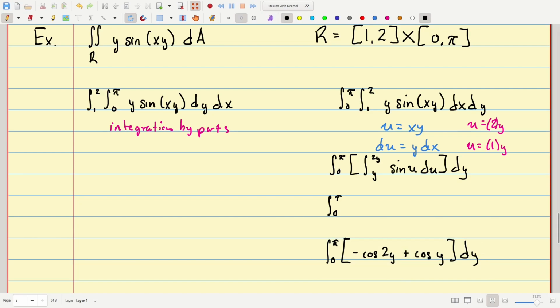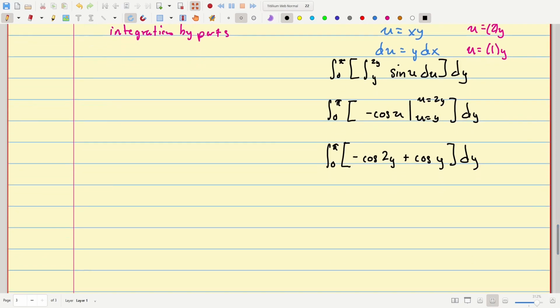So the antiderivative, u equals y, u equals 2y. Now we're ready to integrate again. The first one's technically a u substitution integral, but it's the easiest kind.